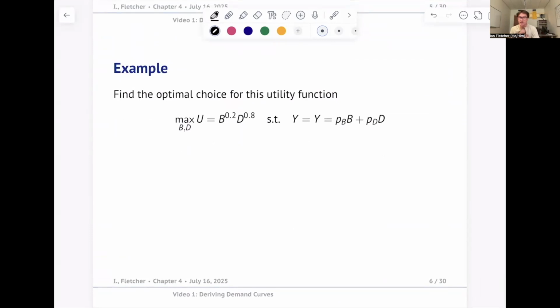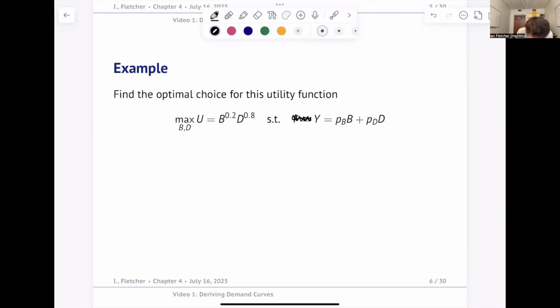We'll use the tangency method, and then we'll also use the formula. We have our utility by choosing B and D, subject to Y. This again should not have a Y equals. It should just be Y equals PB B plus PD D. So let's think again that we're doing price of beer times quantity of beer plus price of donuts times quantity of donuts. Let's derive our optimal demand.